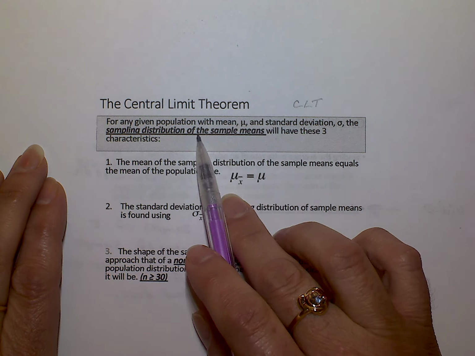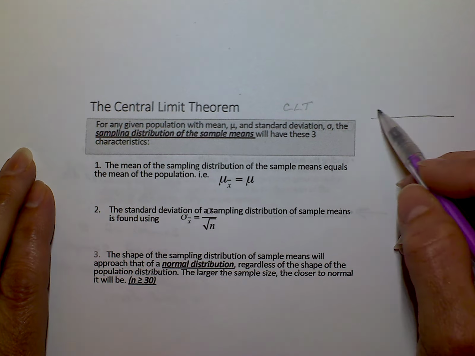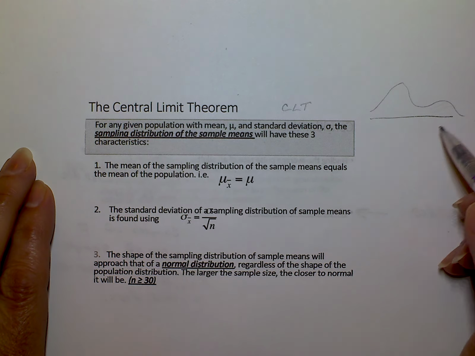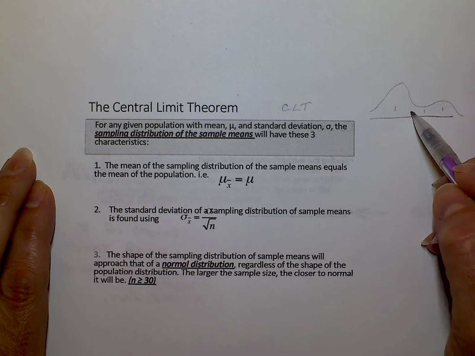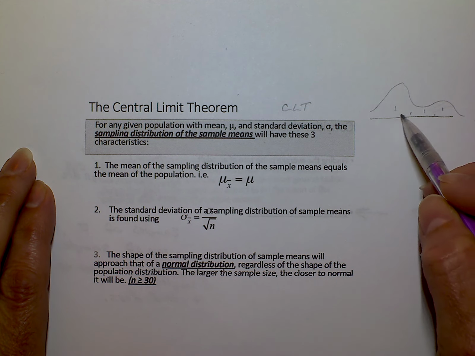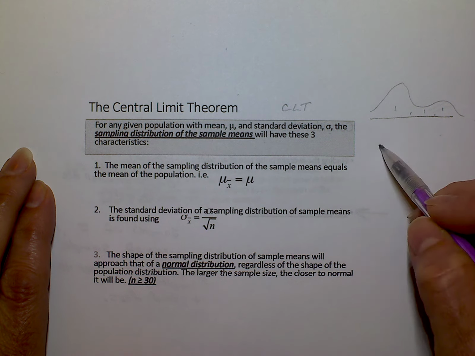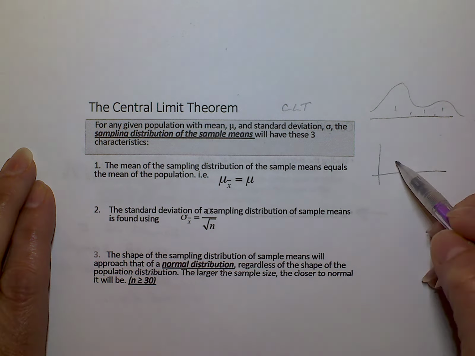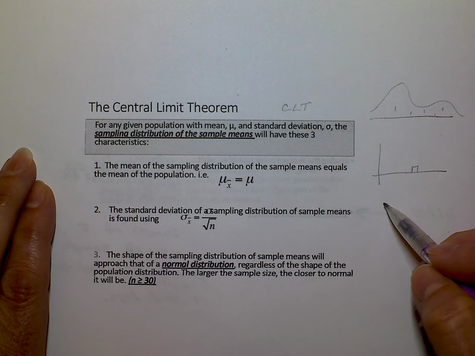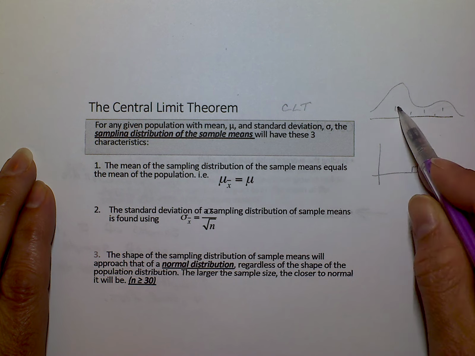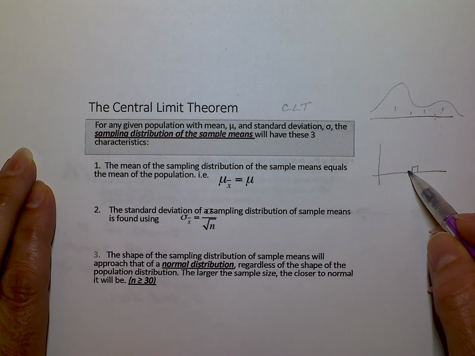Do you remember that on that demonstration, no matter what it started with, remember that last one was kind of wacky? No matter what it started with, when it grabbed some random pieces of data out of there, and it went down here and started graphing those pieces of data, and it found the mean of these five, or the standard deviation.